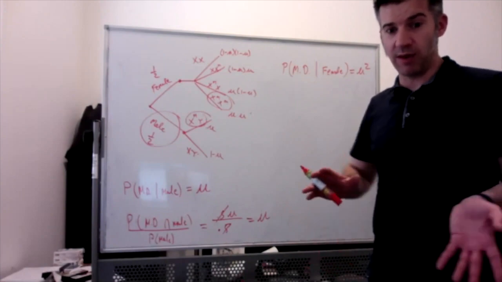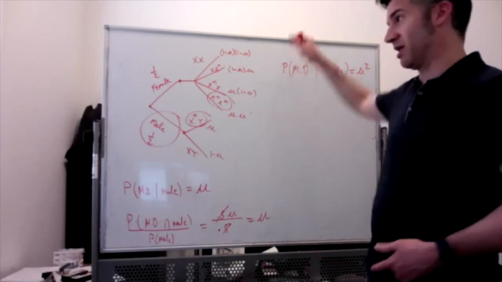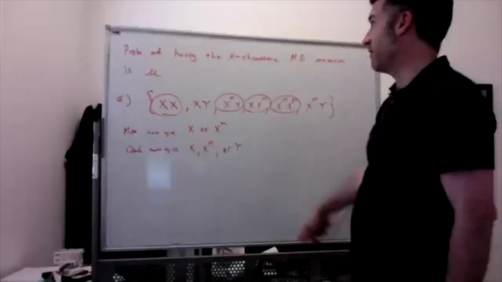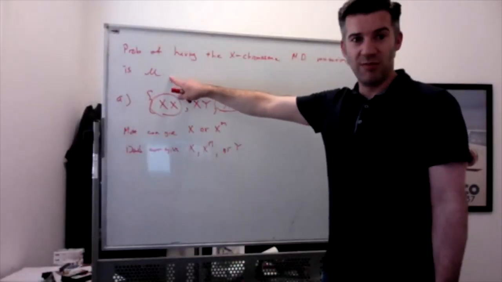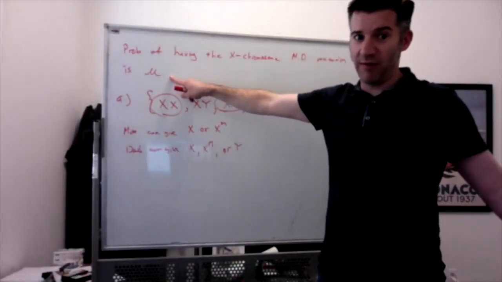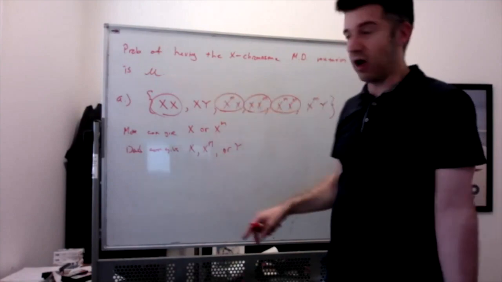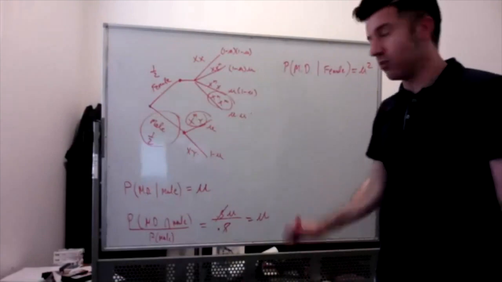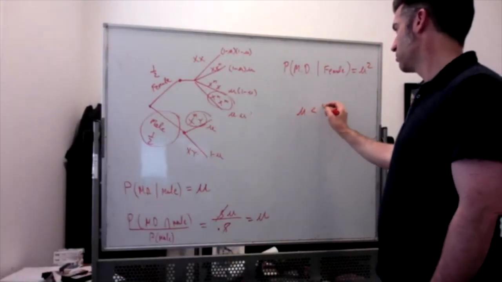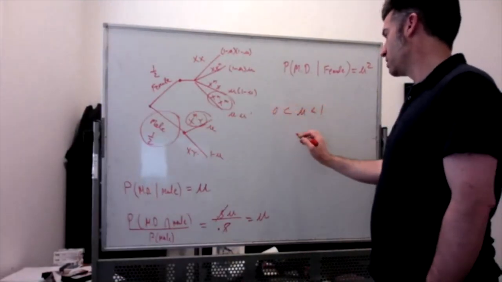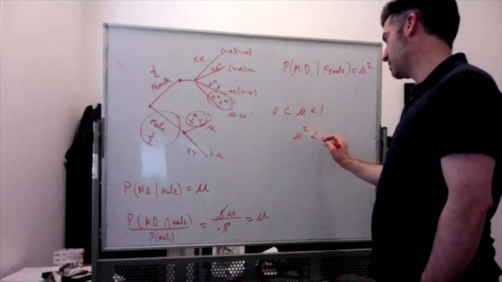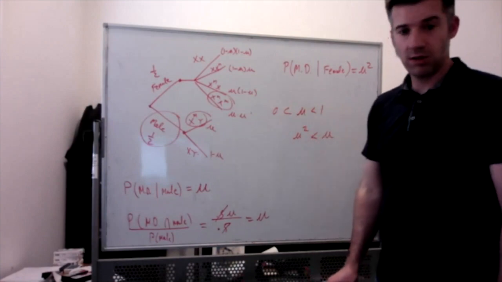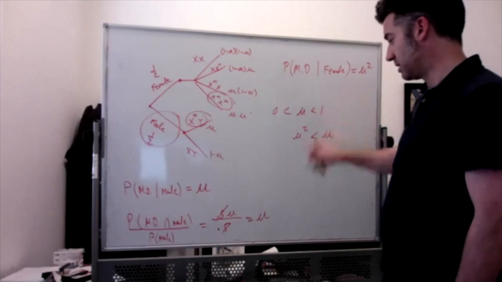Mu can't be greater than 1, because you can't have more than 100% probability of having the muscular dystrophy mutation. So mu is less than 1 and bigger than 0, which means mu squared is less than mu. So that probability is less than that probability.